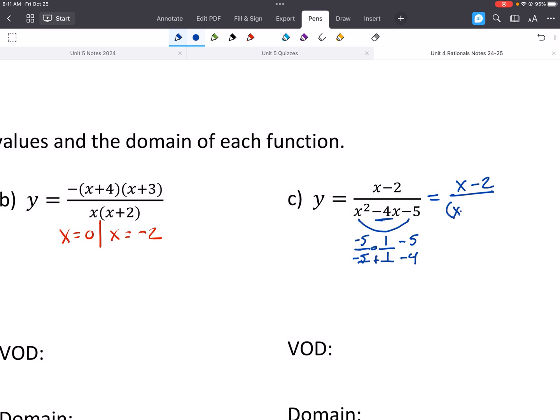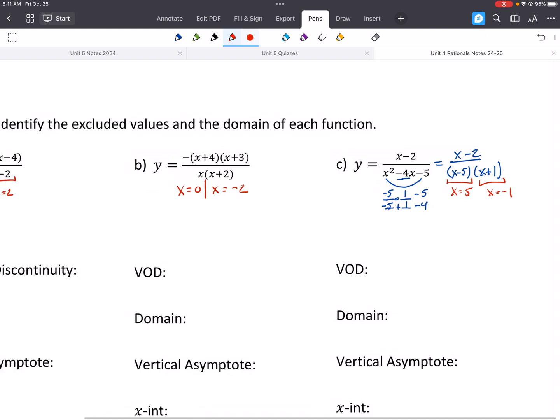So it would have x minus 5 and x plus 1. So now we can write down our values of discontinuity, or vertical asymptotes. So either x would have to be 5 or x would have to be -1.